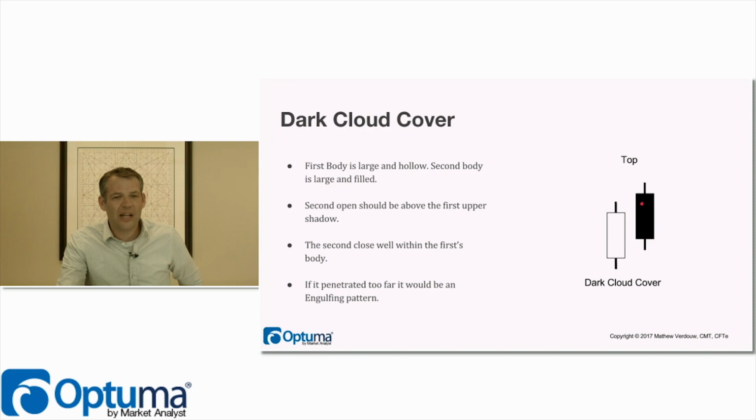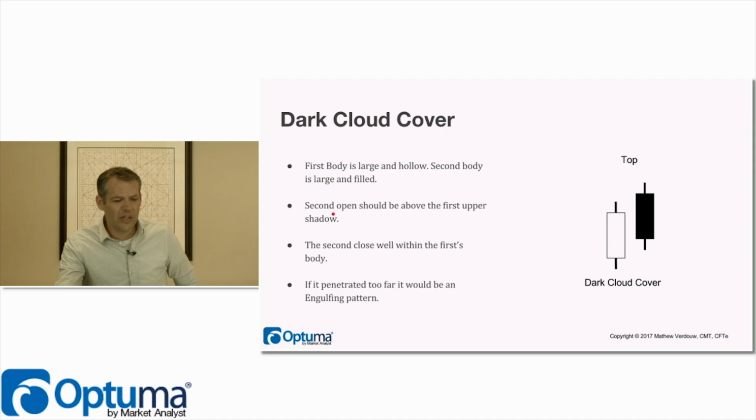And then we get our dark body here. So if you think about it, we closed here, we gapped up to the open, may even have gone up first, and then the market's come down and we've gone into the body. We're expecting this close to be in the body of this one. And that's when it's called a dark cloud cover.